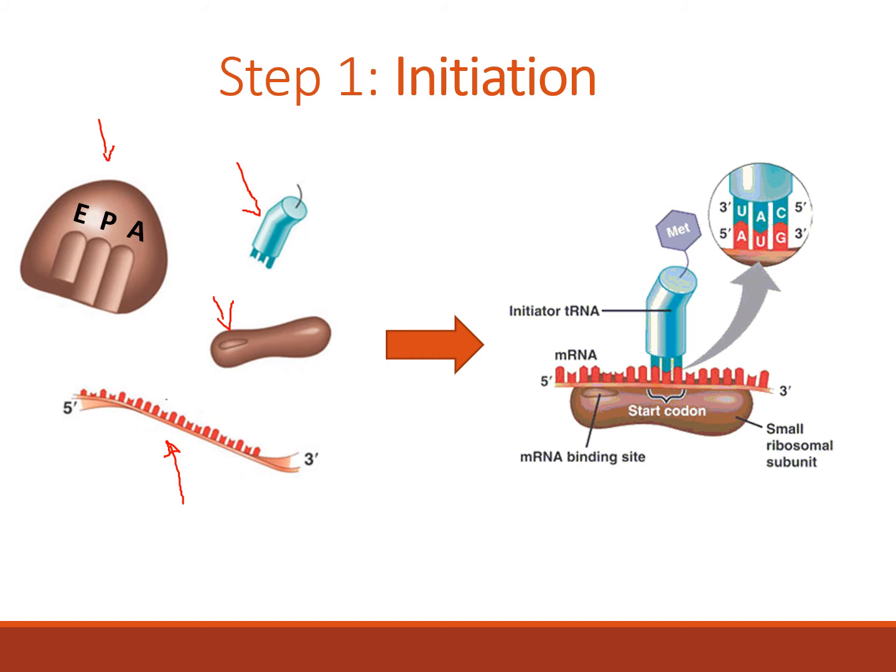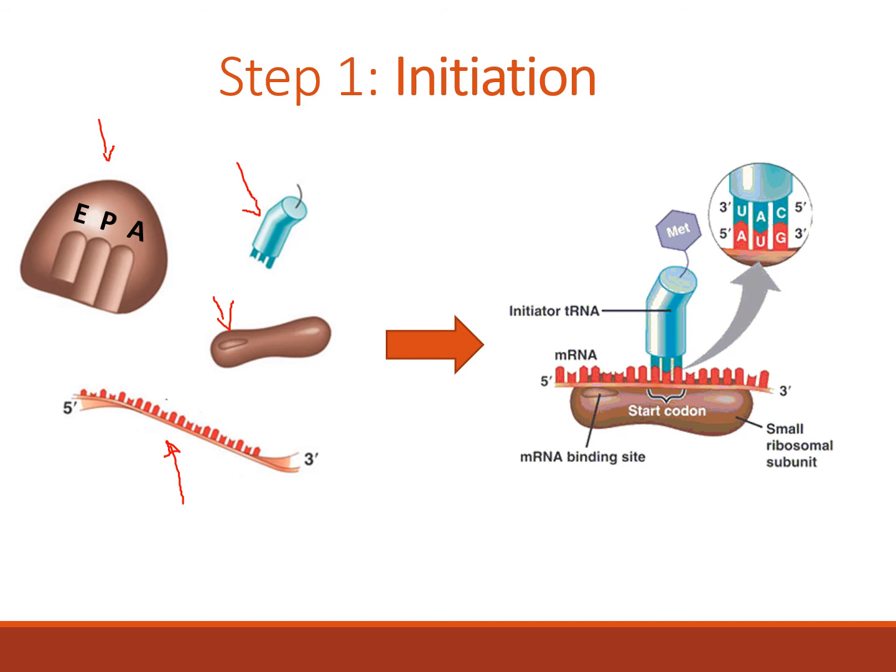So remember that our start codon is always adenine, uracil, guanine when we're reading it 5 to 3. So it's always AUG, which means that the transfer RNA that would be attracted to AUG would have the anticodon, which would be UAC. And then attached to that transfer RNA, we have this amino acid, methionine.